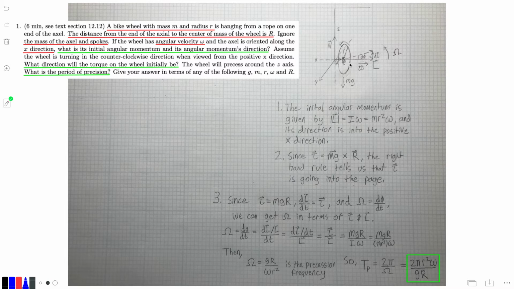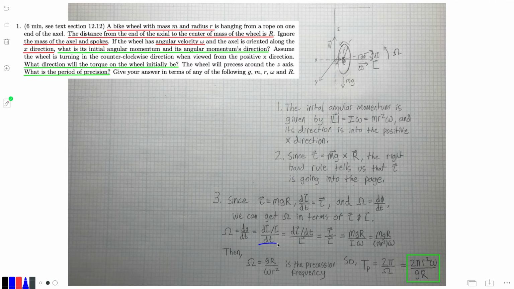So what we can do is rearrange and try to get this in simpler terms that we can plug into. We're going to try to get this in terms of torque and angular momentum. So what I've done here is just gone along the thought process. This is our initial value for precession frequency.